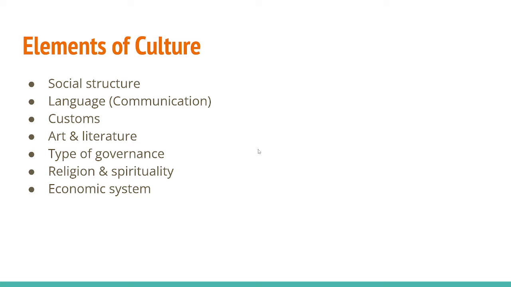And when we break it down, we can find other ways as well, but this is the generally accepted breakdown in sociology. So we can see the elements of culture as the social structure, families and caste systems and other ones. We will talk about social structure in a moment.